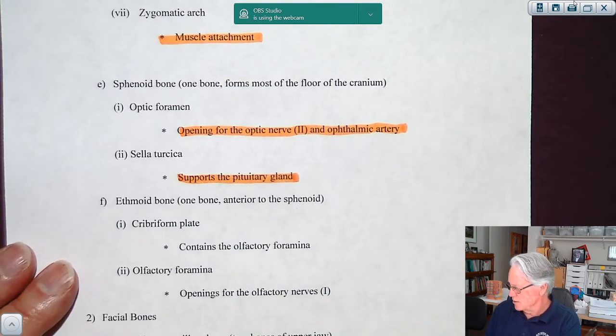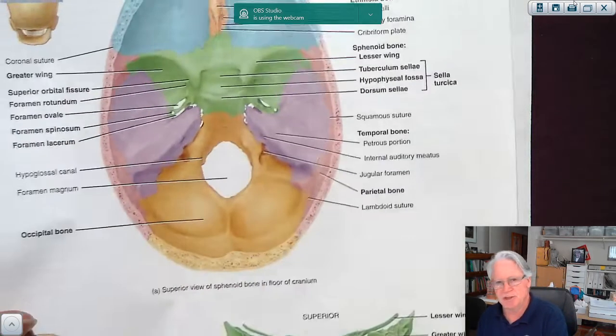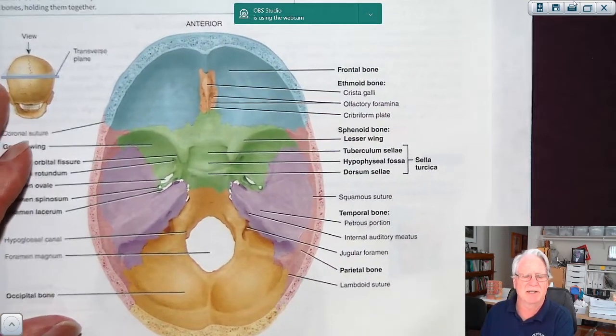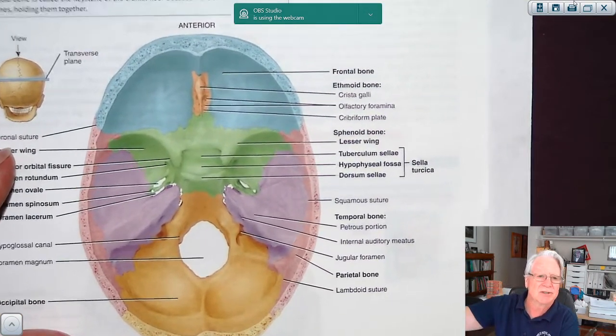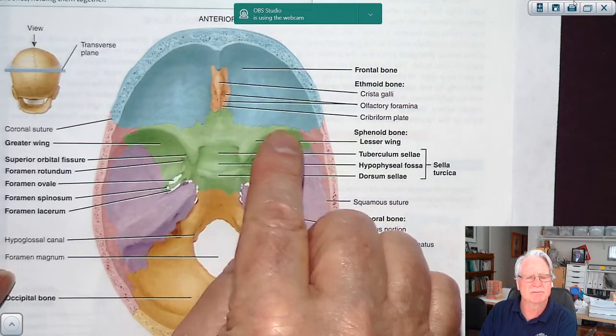All right, let's find it in our drawings. And this image is probably the best image as far as finding the entire or most of the bone. So here is, in green, the sphenoid bone.